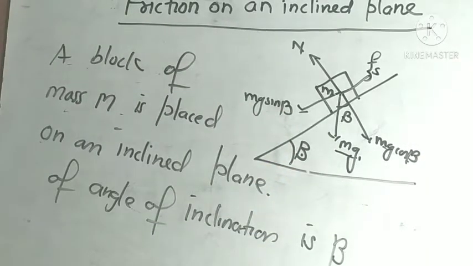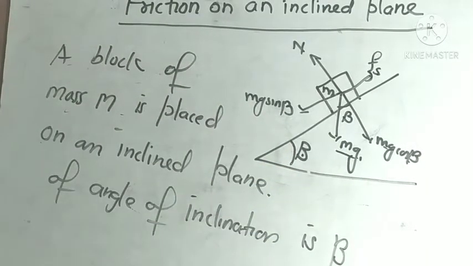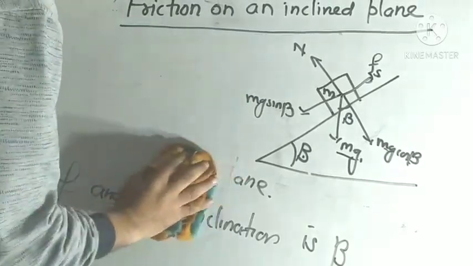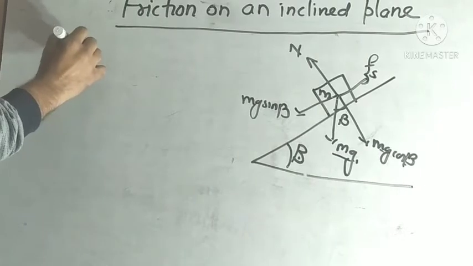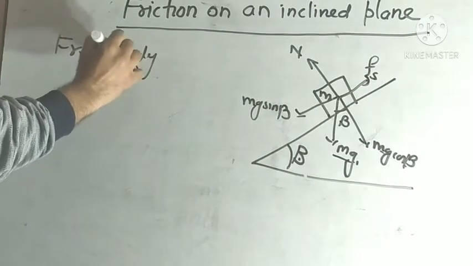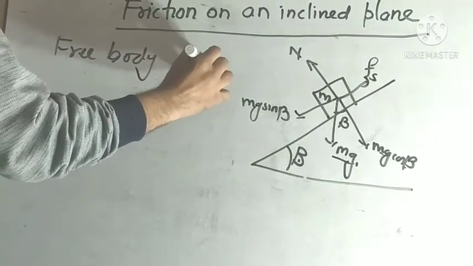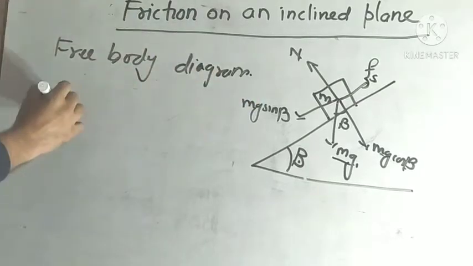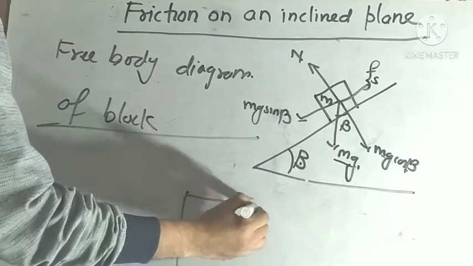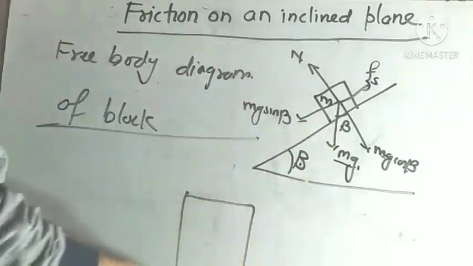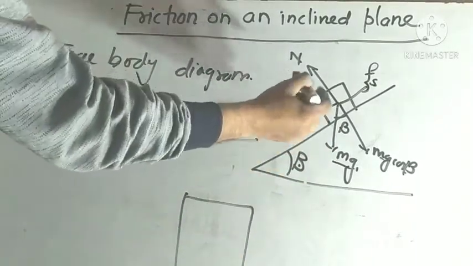Now we see the free body diagram of this block. Here, how many forces are working on this body? There are four forces.